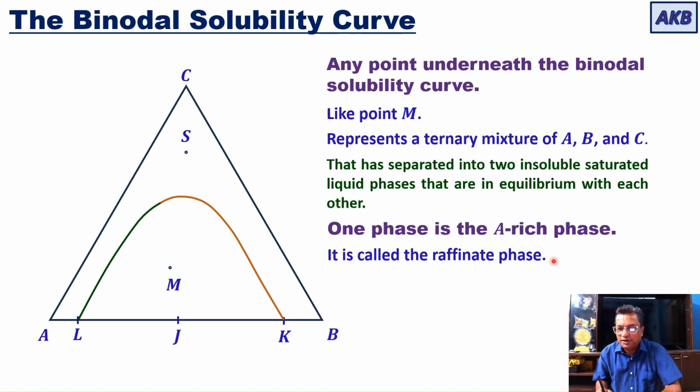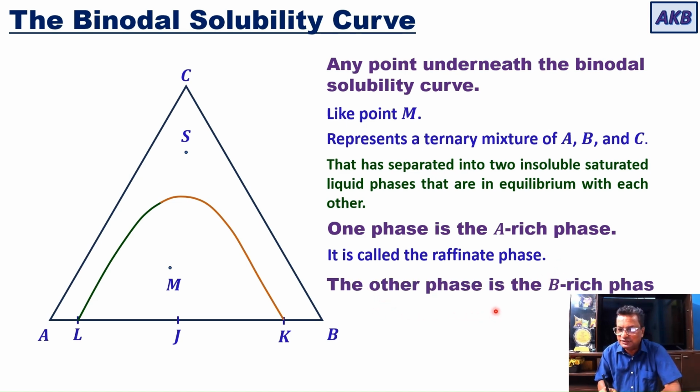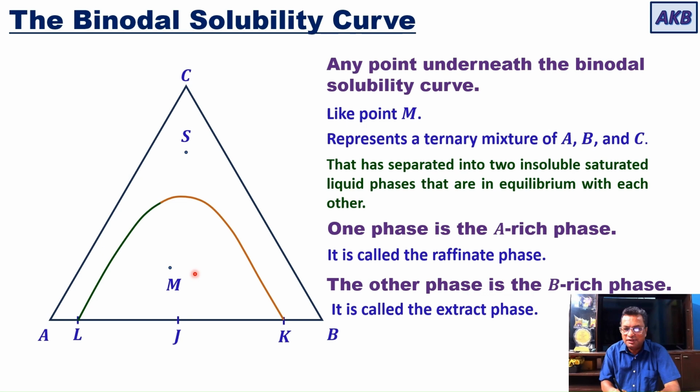It is called the raffinate phase, whereas the other phase is B rich phase, because in that B will be the major component, and that phase is called the extract phase. So every point beneath the binodal solubility curve will be representing a two-phase mixture where the two phases, raffinate and extract phases, are in equilibrium with each other. I hope you have understood the significance of points like M, which lie beneath the binodal solubility curve.